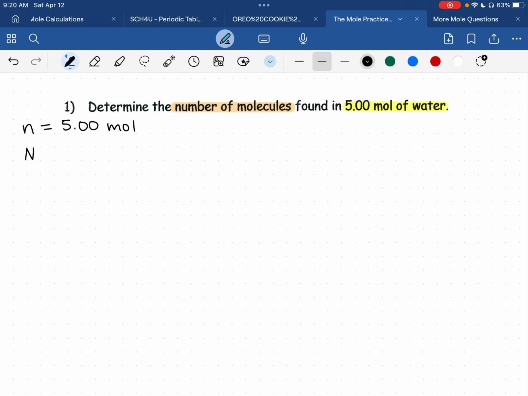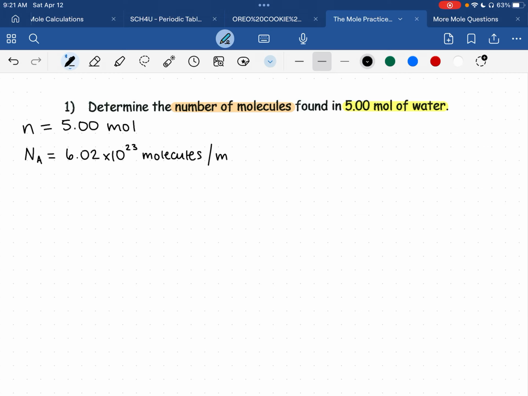But that is denoted by capital N with a subscript of A, and that's equal to 6.02 times 10 to the 23, and it's particles per mole. And the particle in this example will be the number of molecules. So 6.02 times 10 to the 23 molecules, and it's per mole.